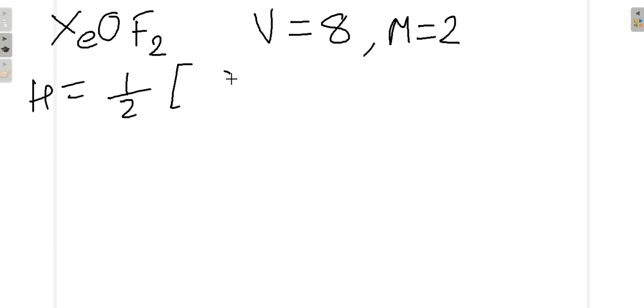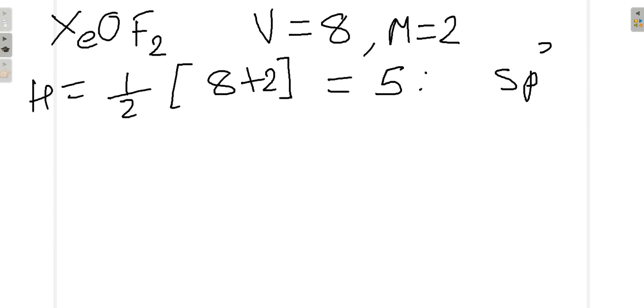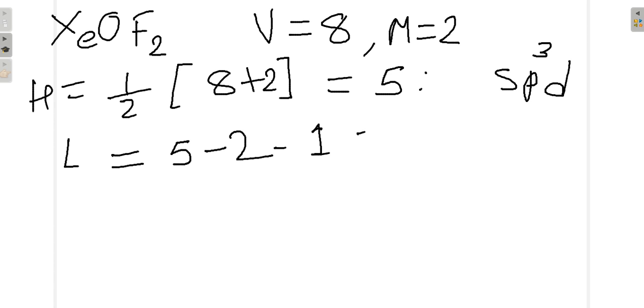Again it will be 5. 5 is sp3d. Now find the number of lone pairs: index of hybridization minus number of monovalent atoms minus number of divalent atoms. So there will be 2 lone pairs.